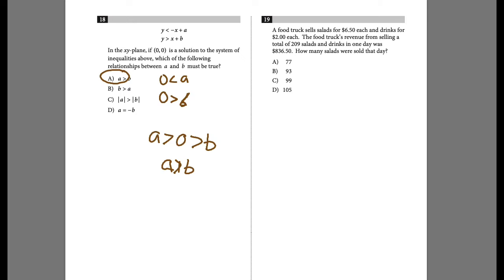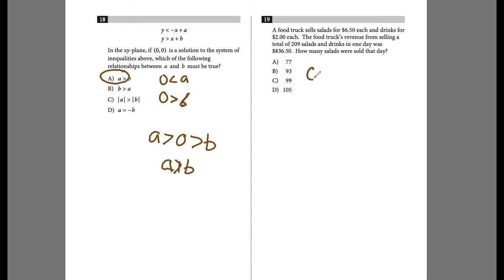Number 19. A food truck sells salads for $6.50 each and drinks for $2 each. The food truck's revenue from selling a total of 209 salads and drinks in one day was $836.50. How many salads were sold that day? We can create an equation for both the revenue of the food truck and for the number of salads and drinks sold.